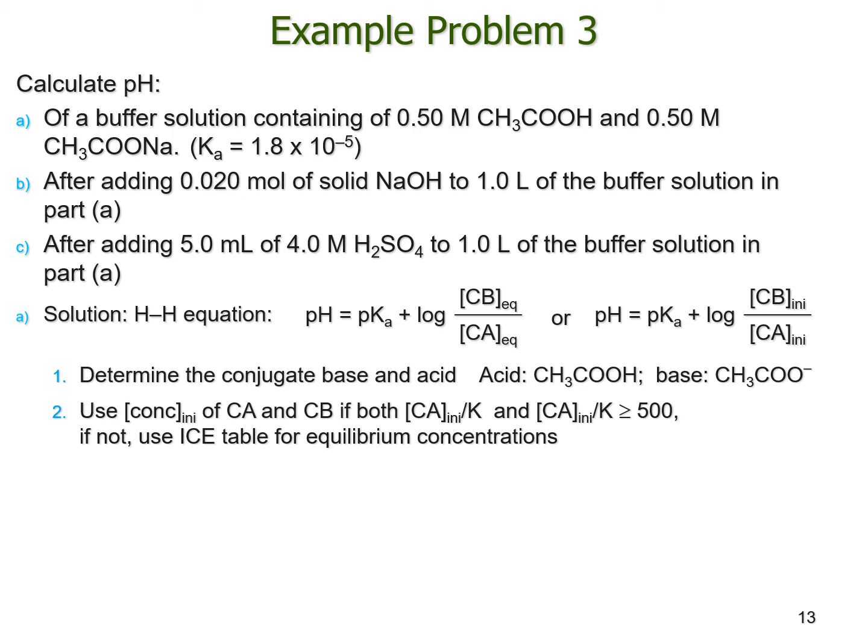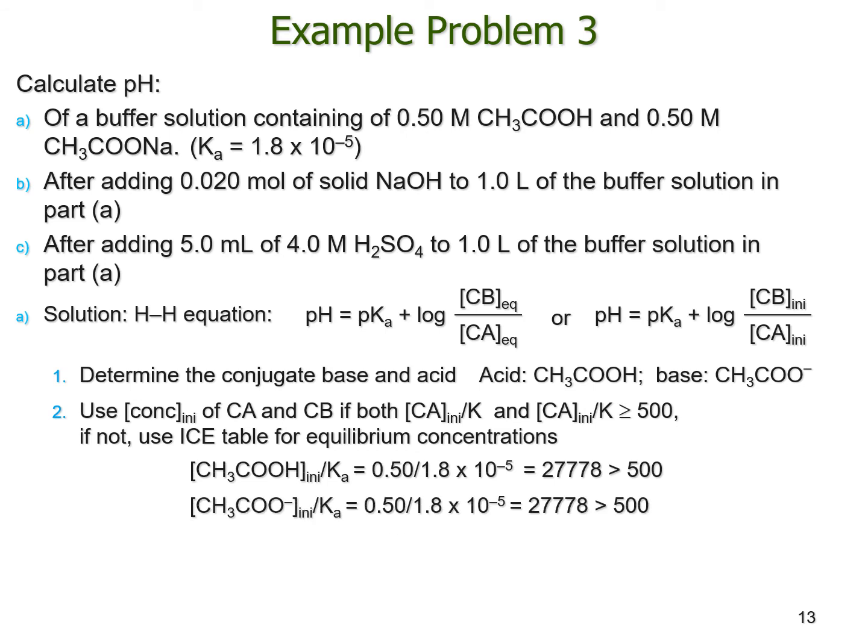And we're going to apply 500 rules to check out whether they apply, because if they apply, we can use the initial concentration instead to make our life much easier. All right, so both this weak acid and weak base as a conjugate has a concentration 0.5 molar divided by the Ka, so shown both greater than 500, so that's good enough. So for the HH equation, we're going to use the initial concentration here.